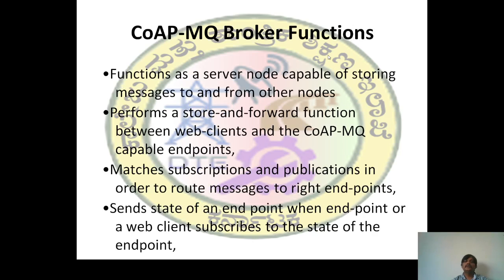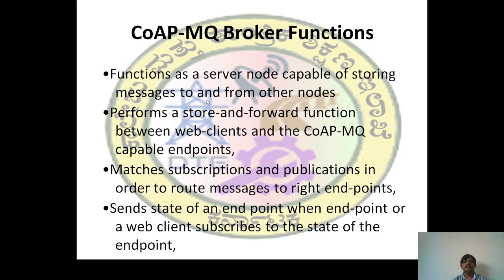And we look at the broker functions of COAP MQ. It functions as a server node capable of storing messages to and from other nodes, and performs a store and forward function between web clients and the COAP MQ capable endpoints.